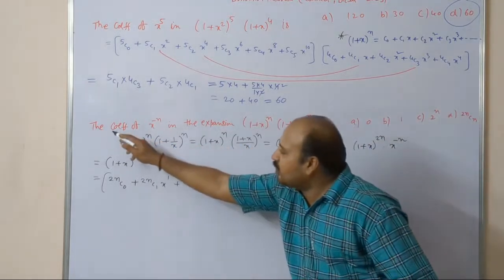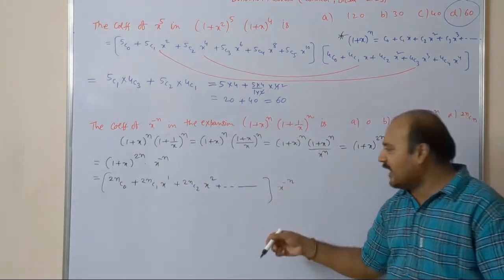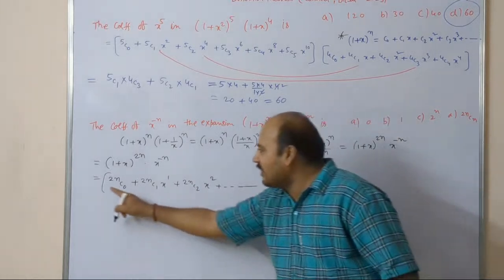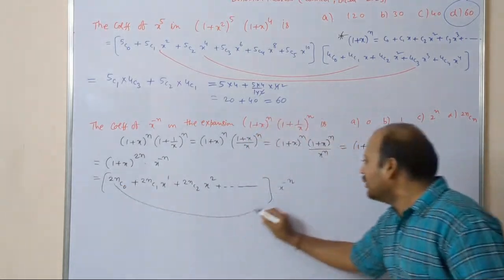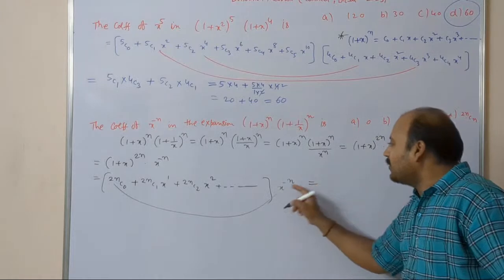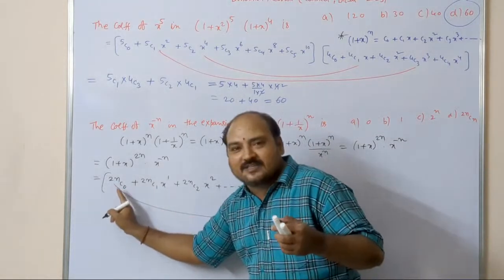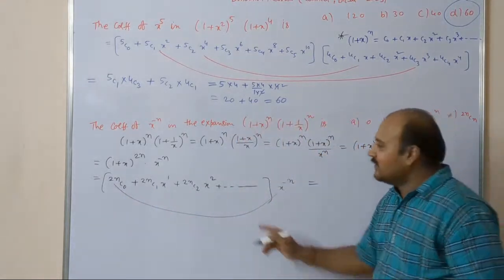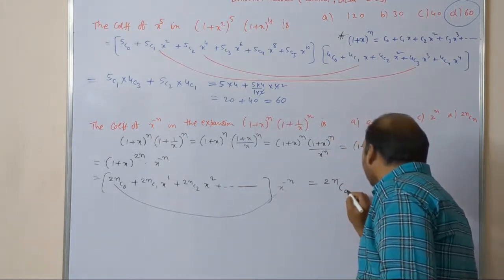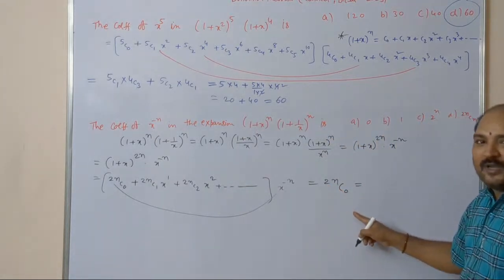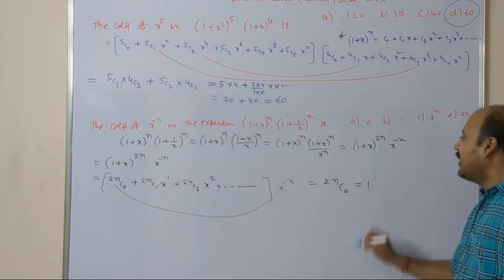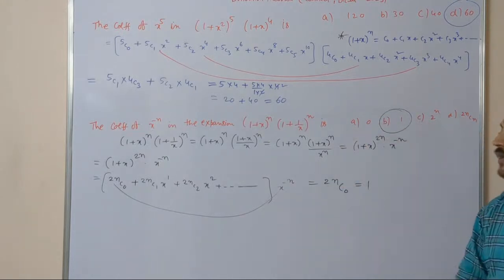In the question, the coefficient of x power minus n they are asking. In this, what is the constant? This one you know. If you do these two product, the coefficient of x power minus n is only this constant, there is no other thing. So 2nC0, which means nC0, equal to 1. So the answer is 1.